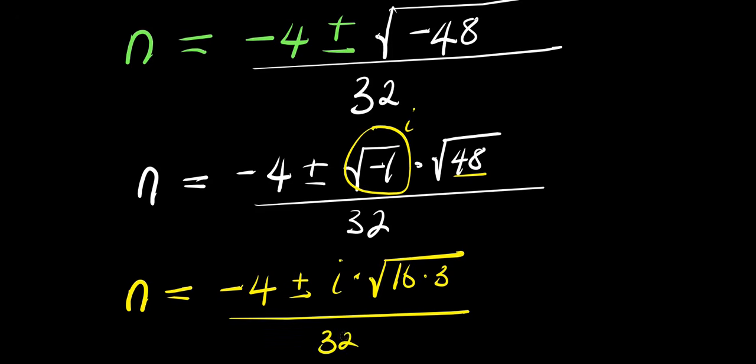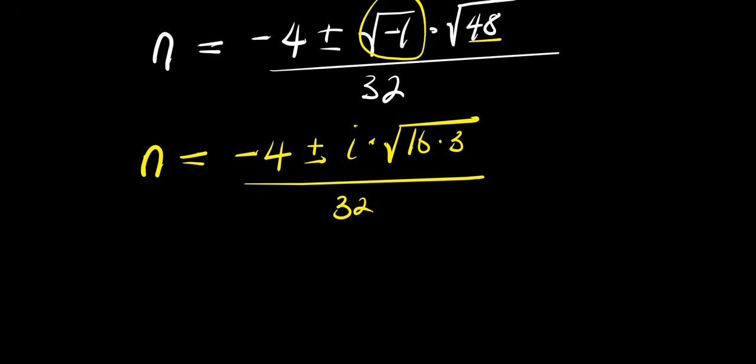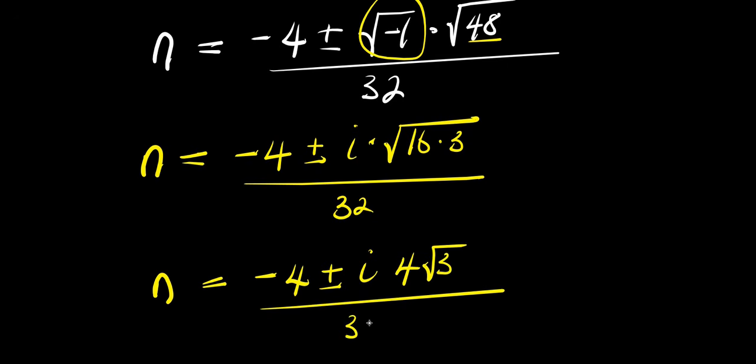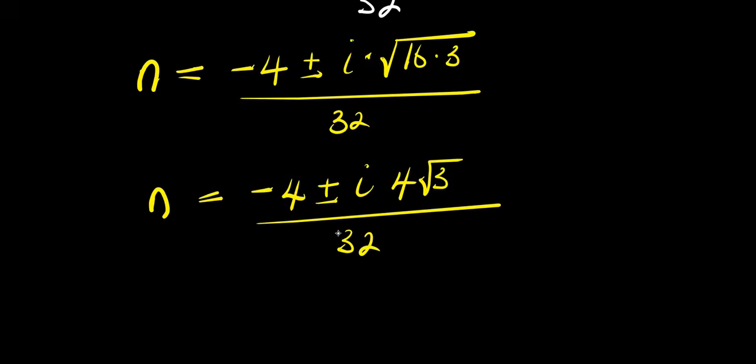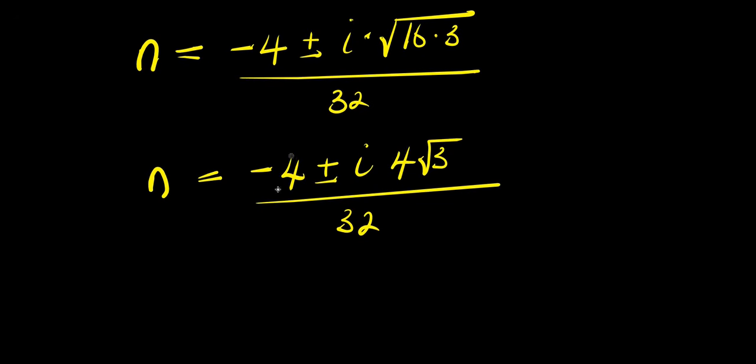Divided by 32. So from here, I have n equals negative 4 plus or minus i times the square root of 16, which is 4, root 3, divided by 32. So from here, 4 cancels itself once, cancels this one, cancels this, and we have what that will be, 8, right?